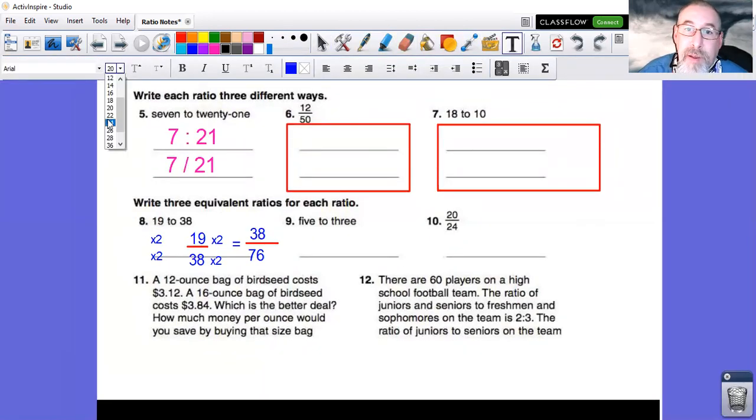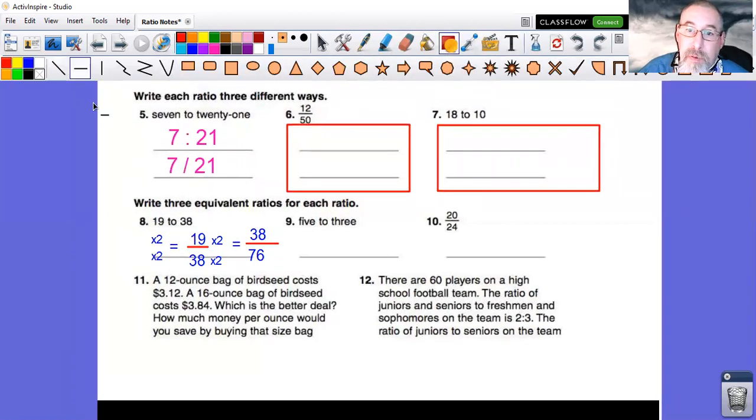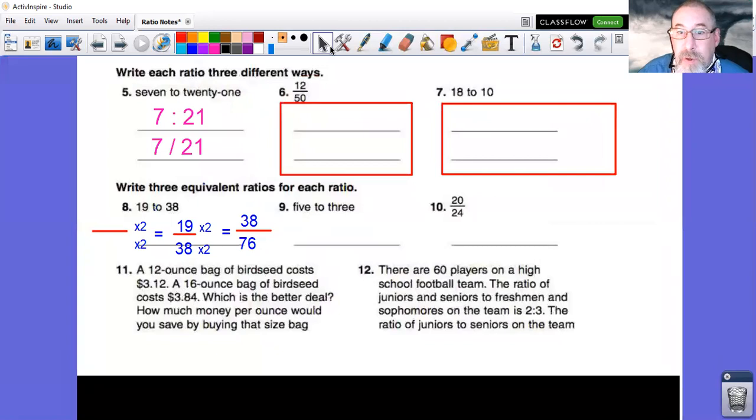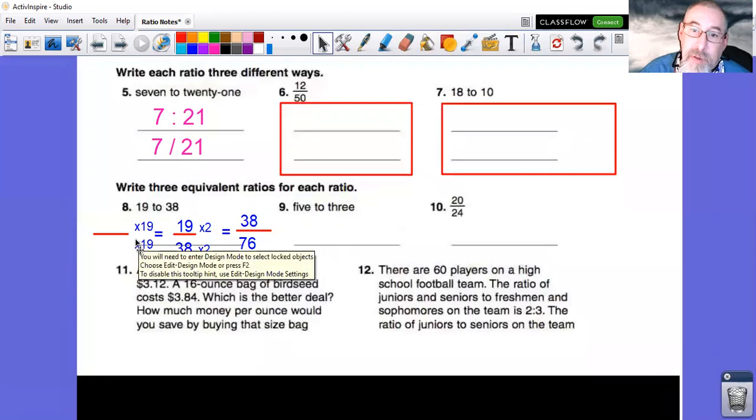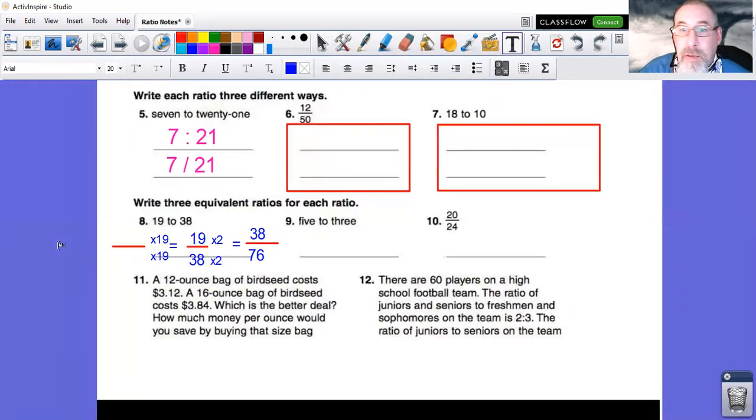So we know that 19 times 1 gives us our 19, and 19 times 2 is 38.